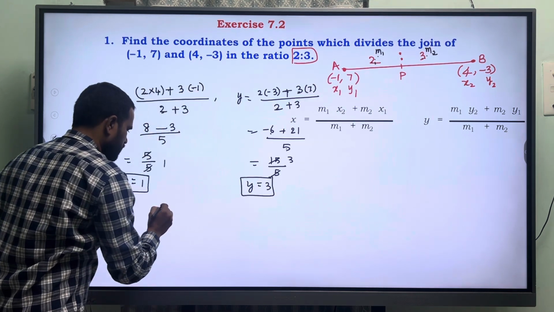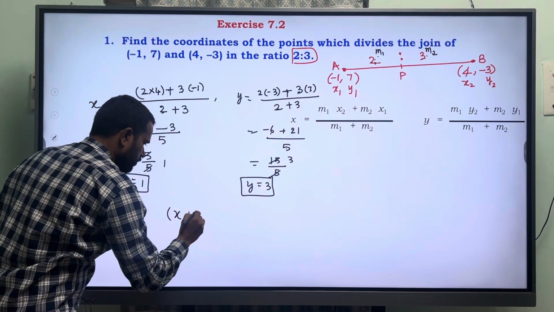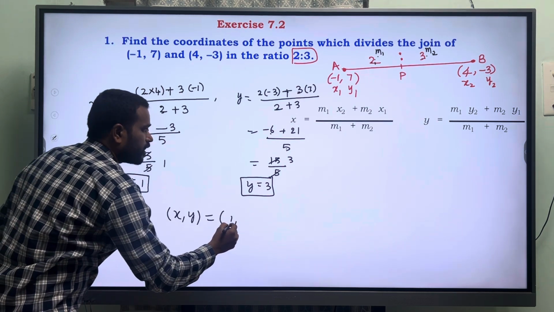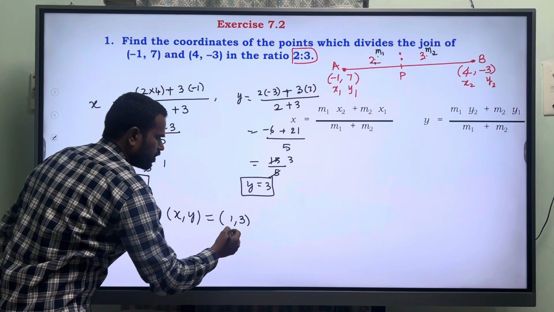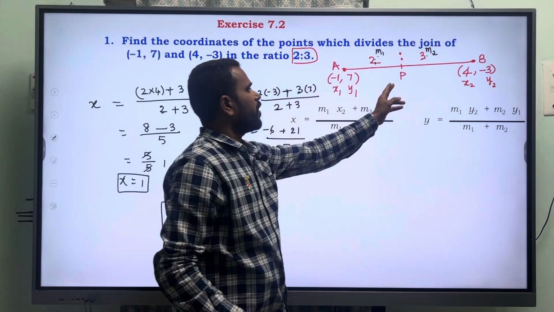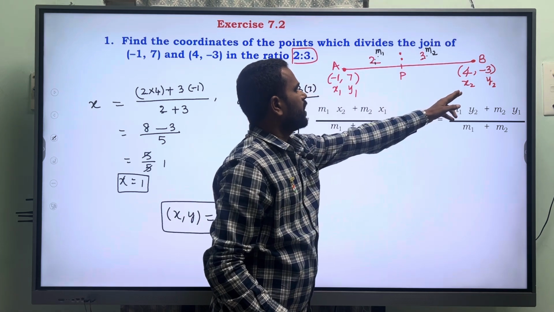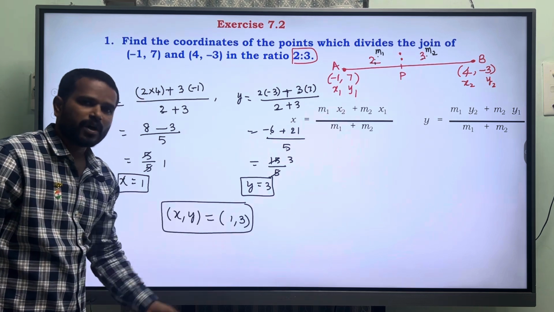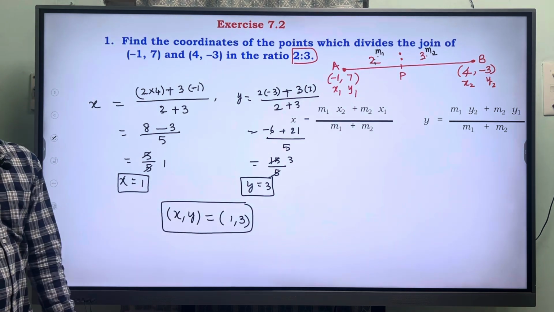So y equals 3. So x is 1 and y is 3. So the point P, which is dividing this line AB in the ratio 2 is to 3, has coordinates (1, 3). This is how we can find it.